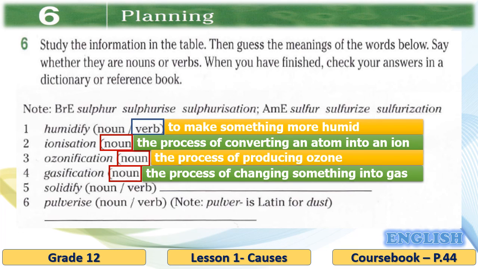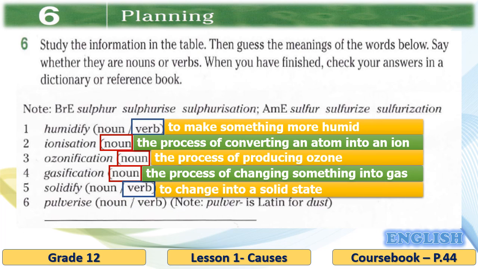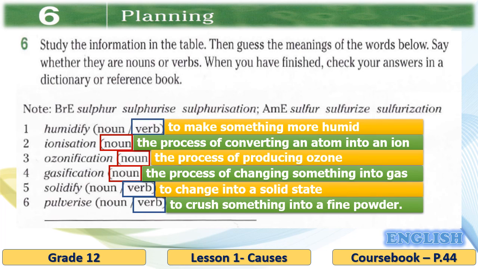So it is a verb, and it means to change into a solid state. The last one, pulverize, ends with ise, so it is a verb, and it means to crush something into a fine powder. Well done, my students.